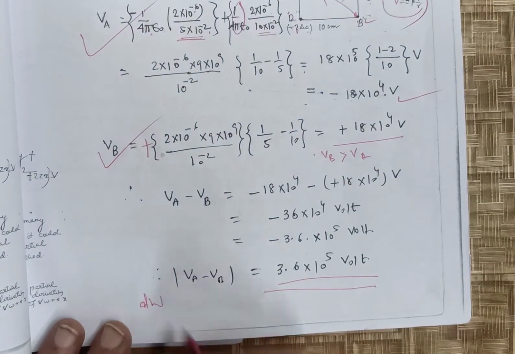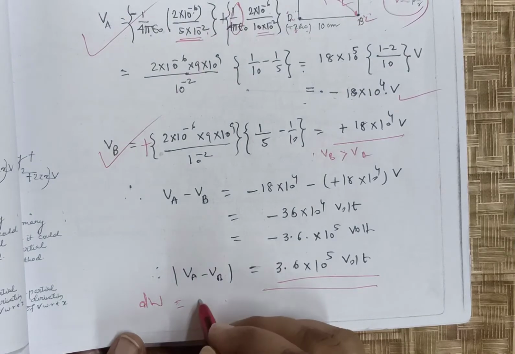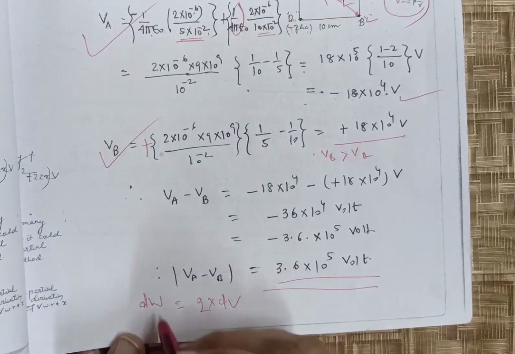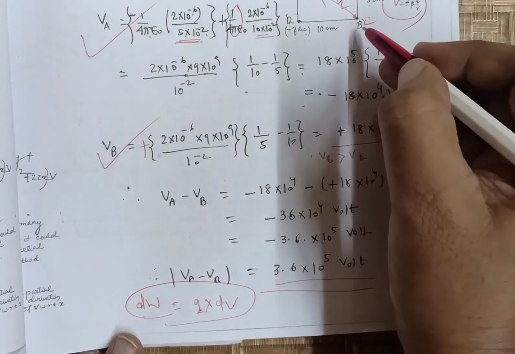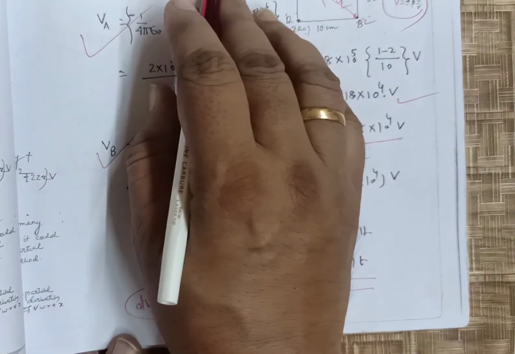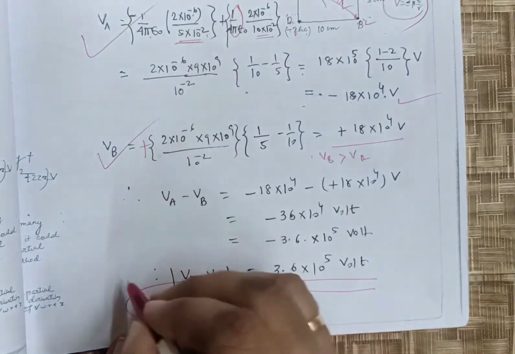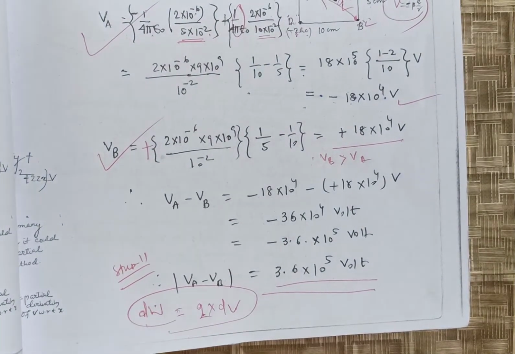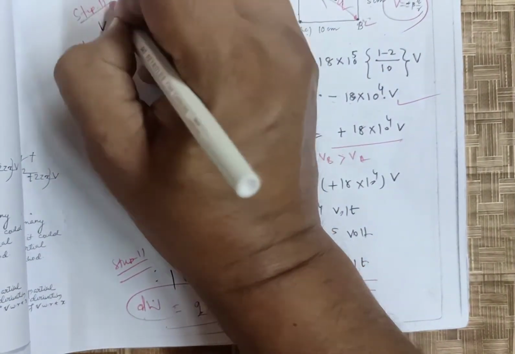Then dW is equal to Q, which is given; you calculate the potential difference and multiply. If you multiply Q into dV, you can easily calculate the work done for moving a charge from B to A. But in this question that was not asked. If it was asked, then you have to do step 2. If only the potential difference was asked, then you complete step 1.